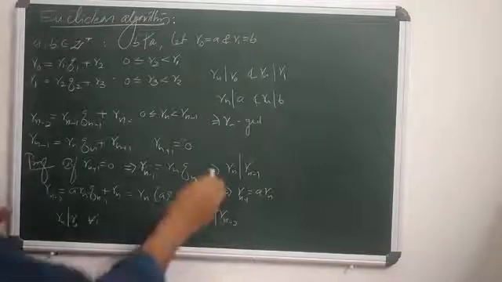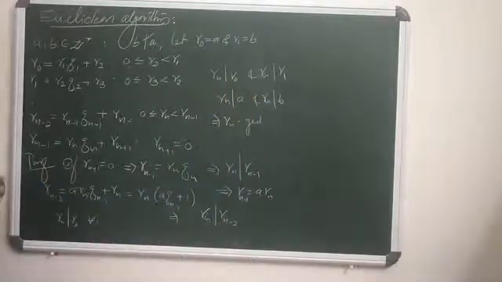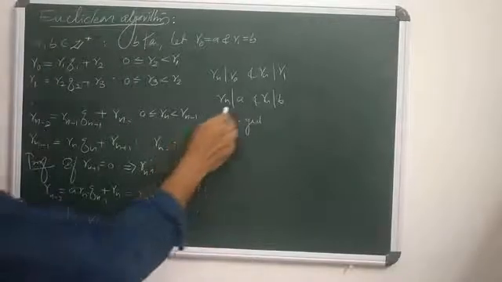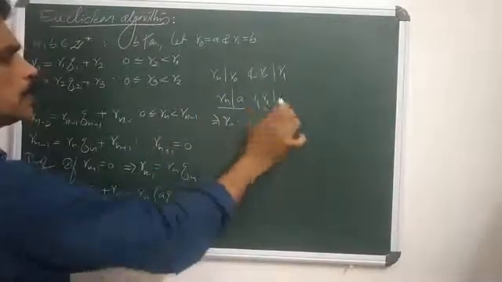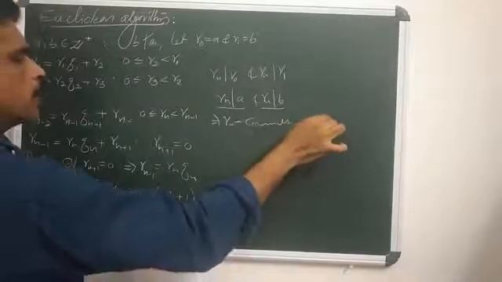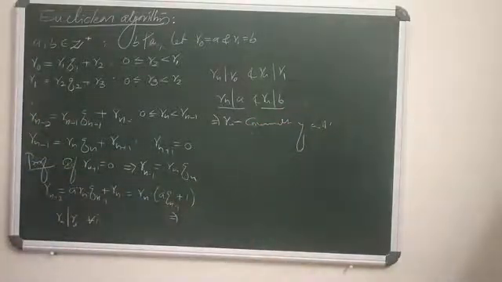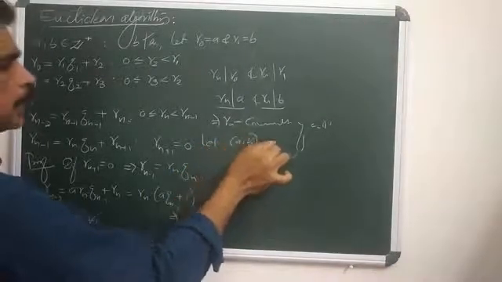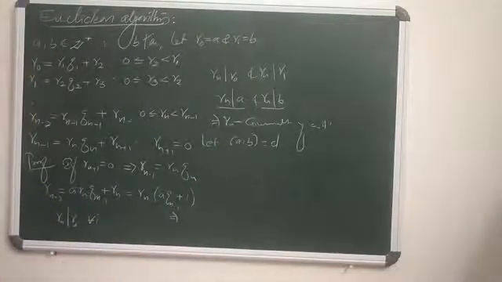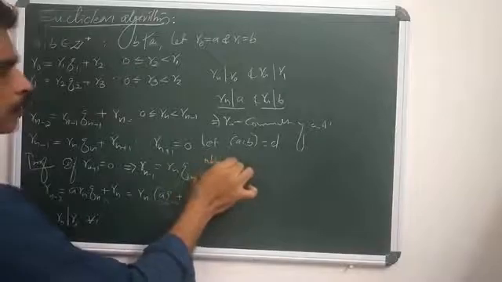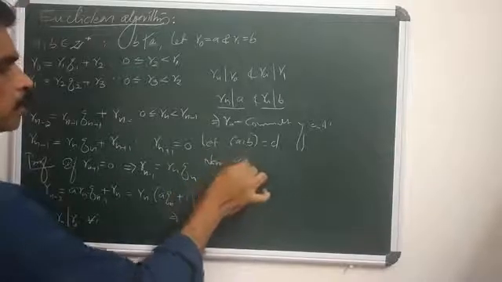Then to show that this Rn is the greatest common divisor: here we know that Rn divides A and Rn divides B, which means Rn is a common divisor of A and B. Now to show that Rn is the greatest common divisor, let the GCD of A and B be D. Now what is A?